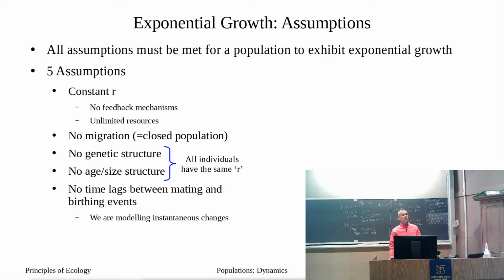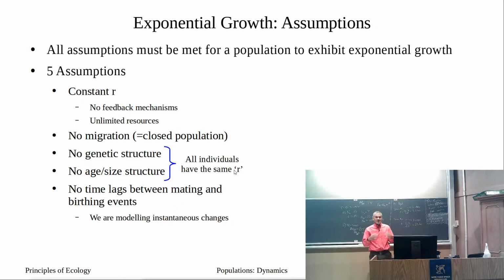Perhaps those strains confer advantages and disadvantages in terms of reproductive potential. We can't have that because we need all individuals to basically have the same R value. This is kind of the basis of natural selection. Individuals that are best adapted for the environment are going to have the higher R value. They're going to leave more offspring.